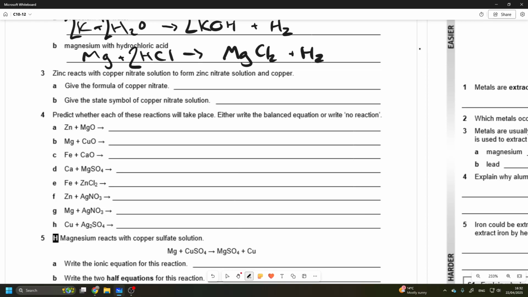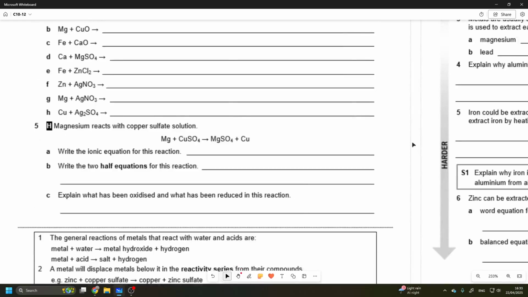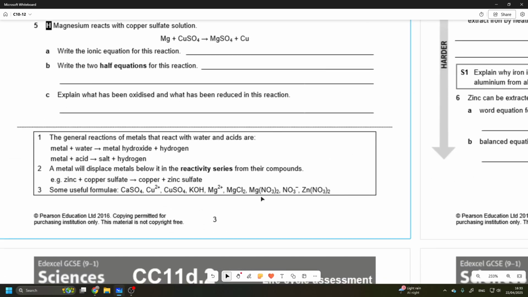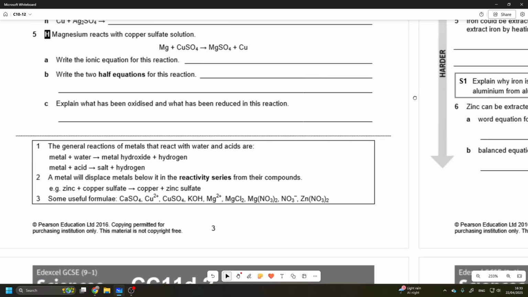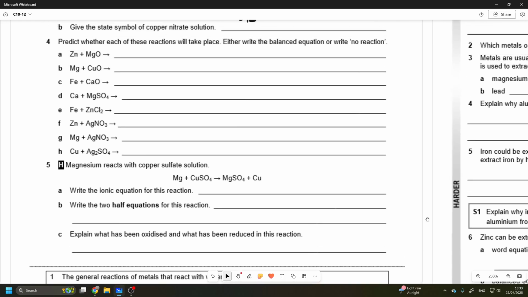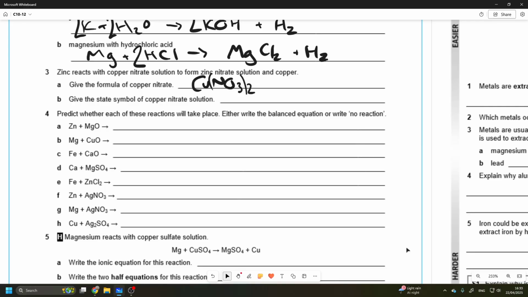So copper nitrate will be, hang on, CuNO3. I'm pretty sure there's two of those. Let me just check. Down here tells you that NO3 is 1 minus, copper is 2 plus, so it's that. Give the state symbol of copper nitrate solution, it's aq.